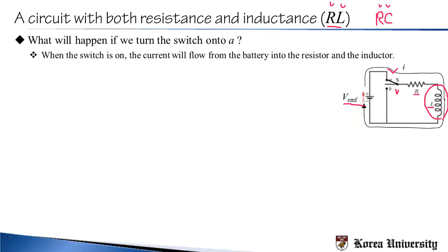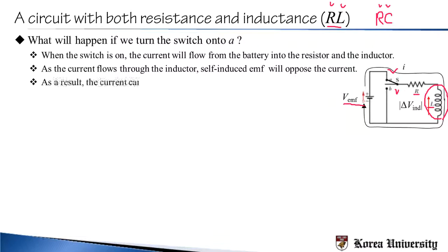So according to the self-induction effect, it will oppose the change in the current. So therefore, when the current wants to increase from 0 to a certain value, if the change is large, then there will be a stronger opposition from this inductor. So therefore, the current cannot increase quickly from 0, but it will only do so very slowly. Okay, that's what we are going to study.